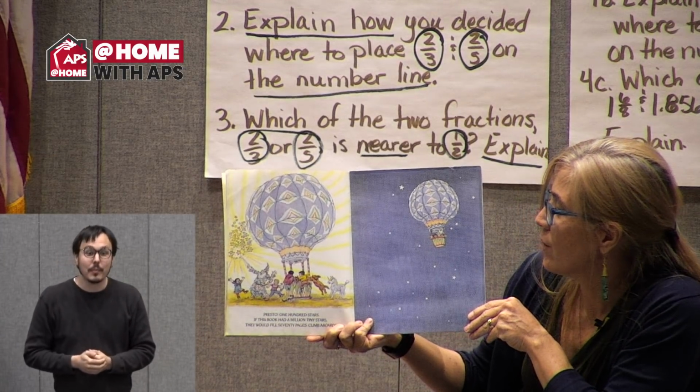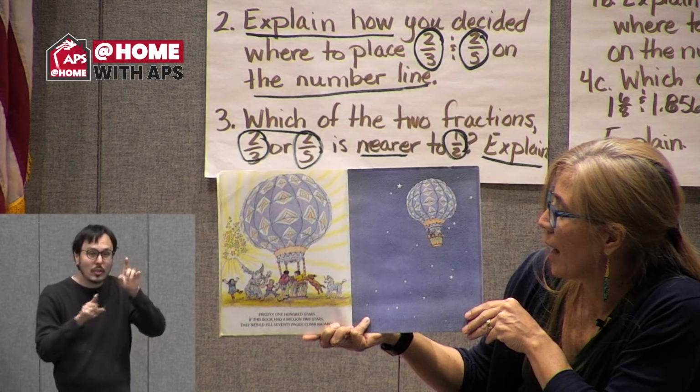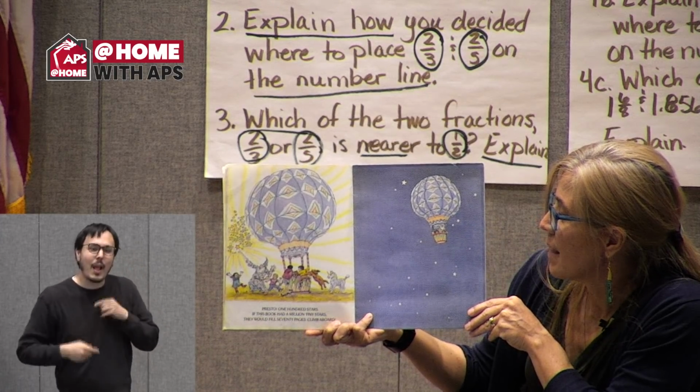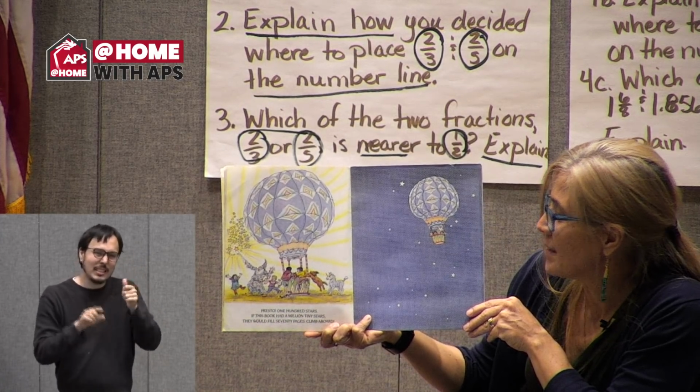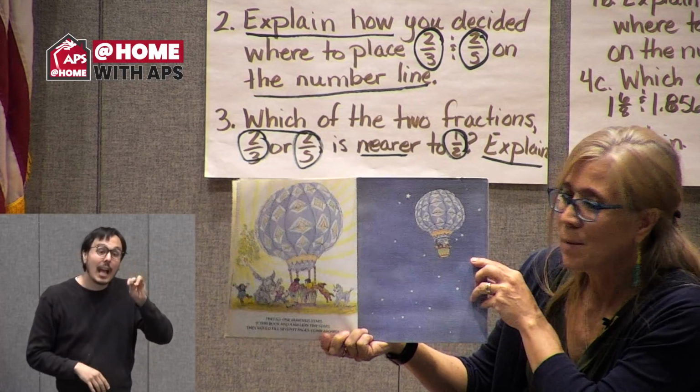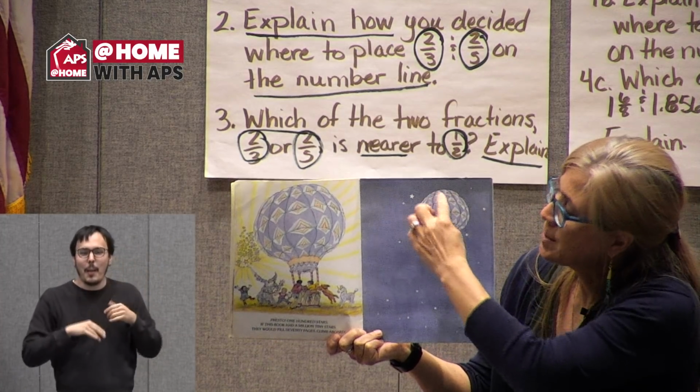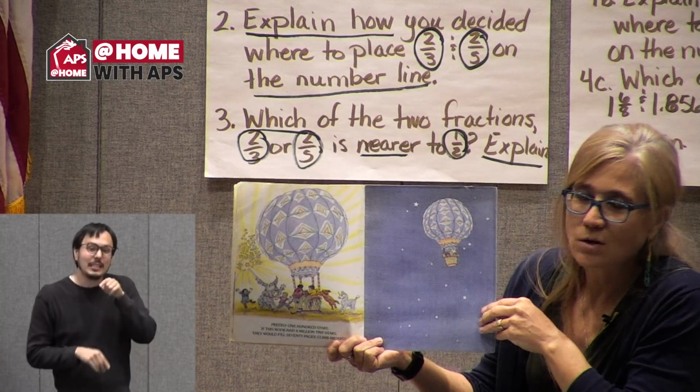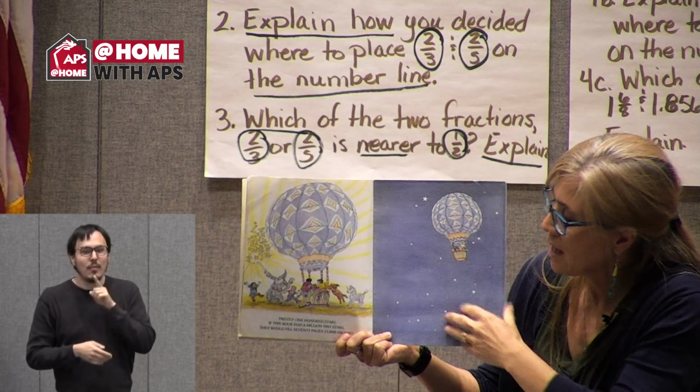Presto, 100 stars. If this book had 1 million tiny stars, they would fill 70 pages. So climb aboard. These pages have tons and tons of really tiny stars that you might not be able to see, but there's lots of stars on here.